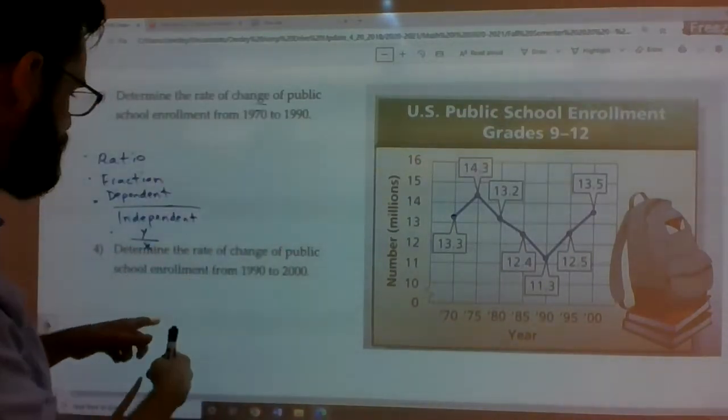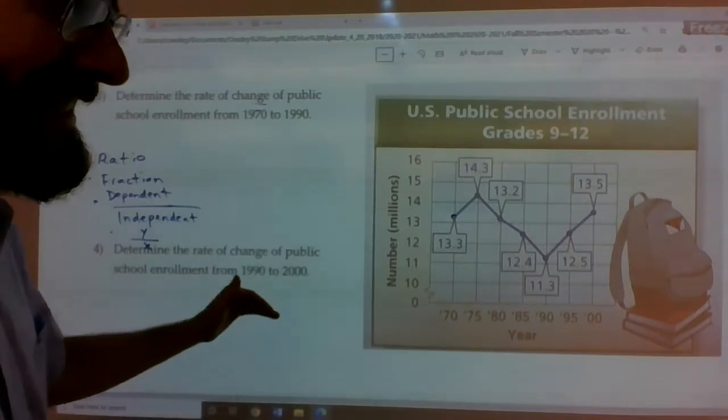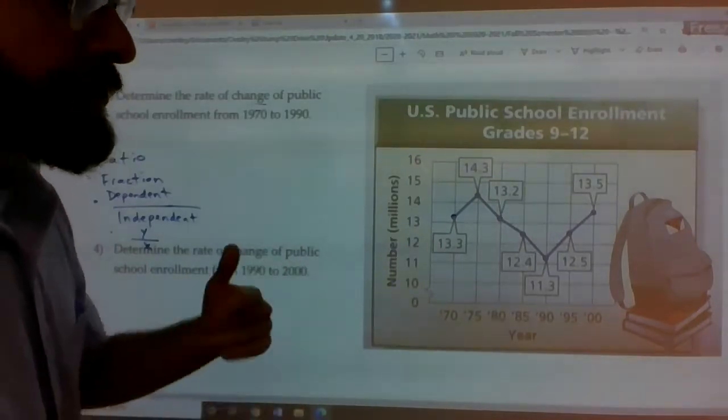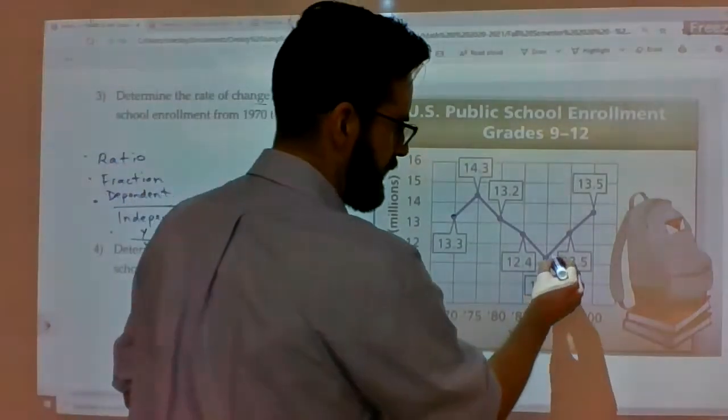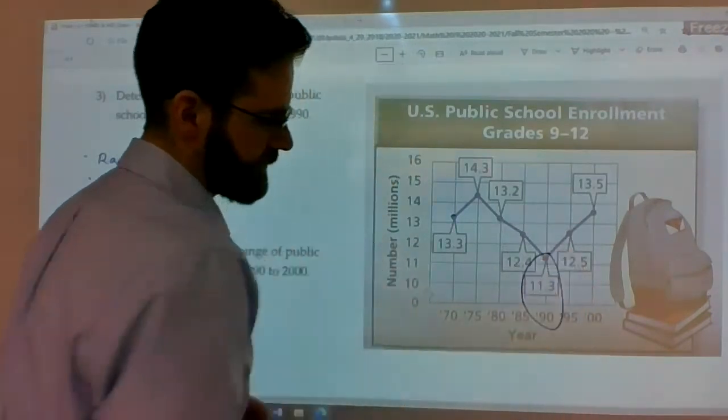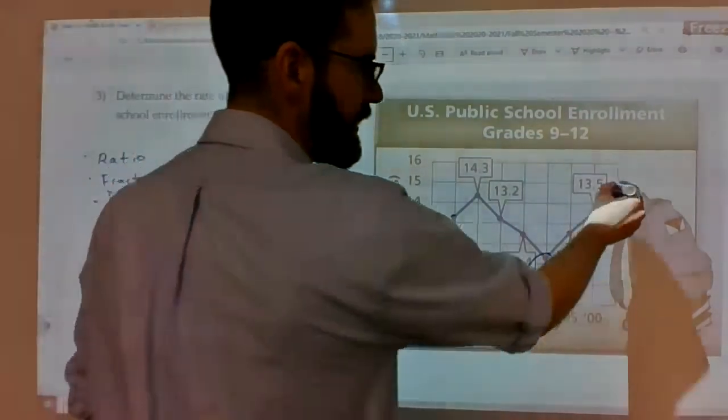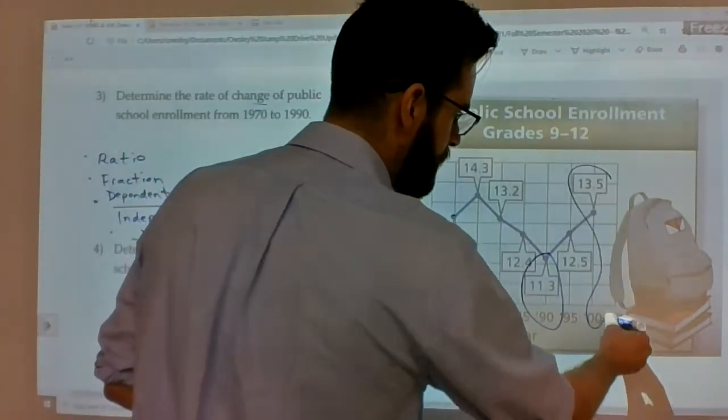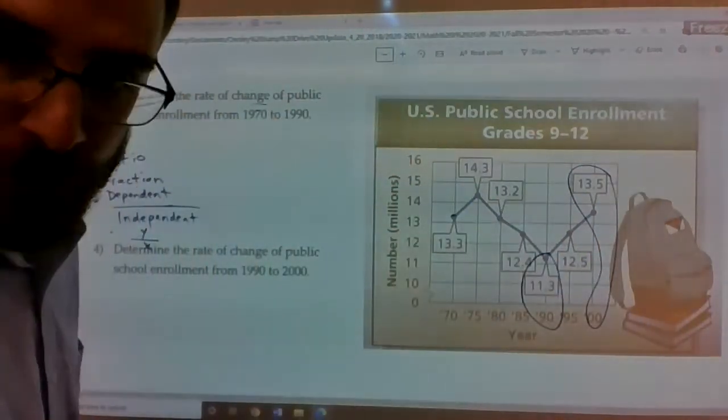Determine the rate of change of public school enrollment from 1990 to 2000. So what we do is we say, here's our data point, 1990. Here's our other data point, the year 2000.